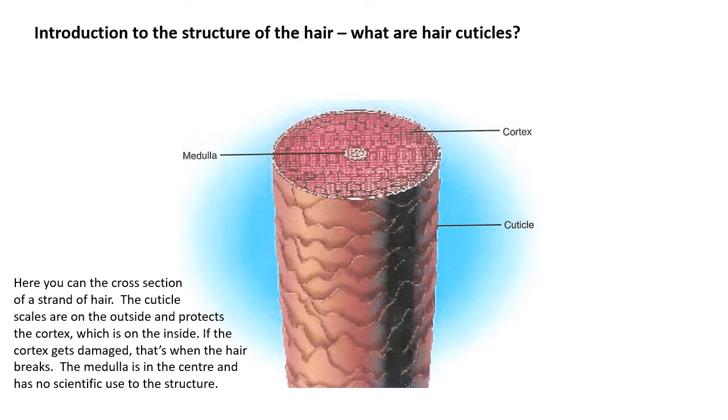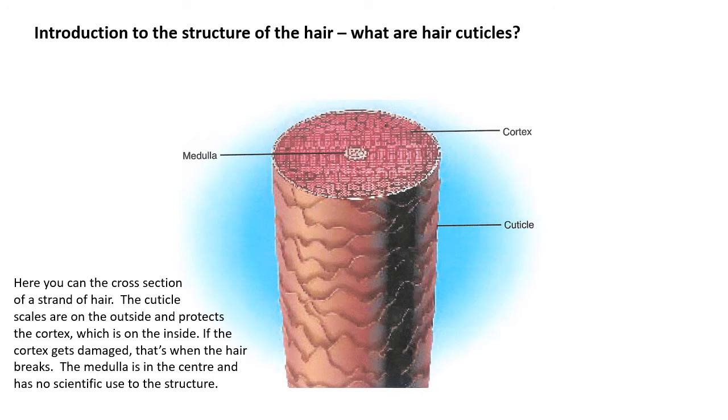We've got 3 different points. On the outside we've got the cuticle scales. Inside the cuticle it protects the cortex. And after that we have the medulla, which is dead center to every single strand of hair that might be quite thick. Not every hair has a medulla and it has no purpose whatsoever.